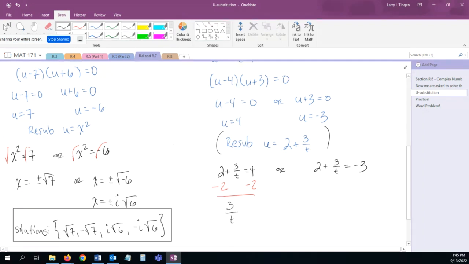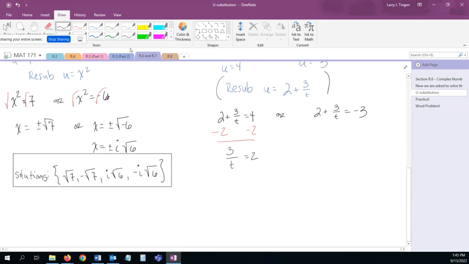It doesn't affect the 3 over t. 4 minus 2 is 2. And now I'm going to clear the fractions by multiplying both sides by the LCD. Well, the denominator on the left is t. The denominator on the right is 1. I'm just going to multiply both sides by t. That's going to give me 3 is equal to 2t, which means t is equal to 3 over 2.